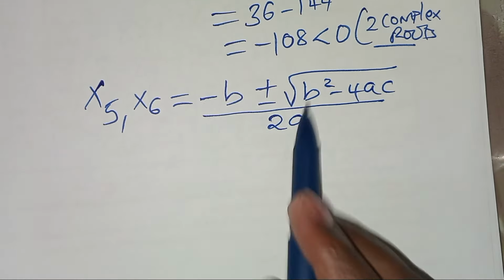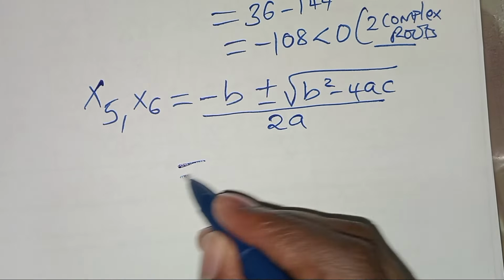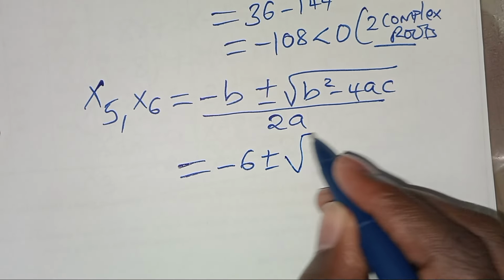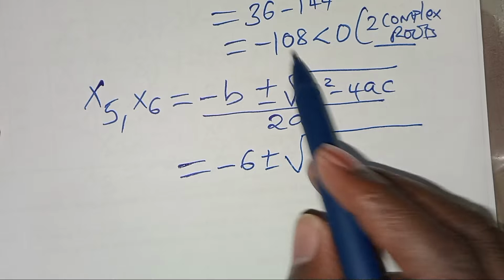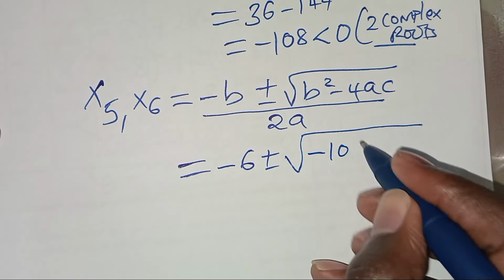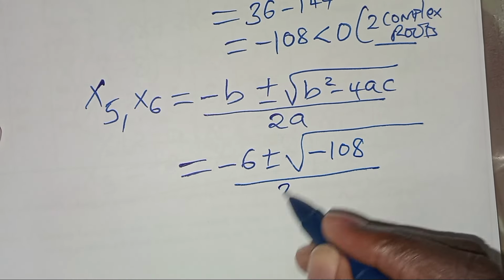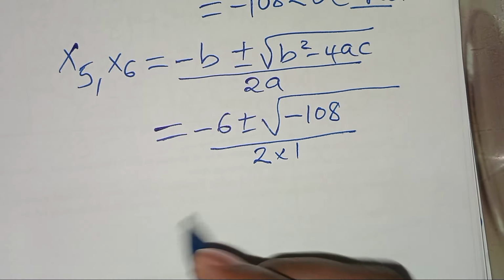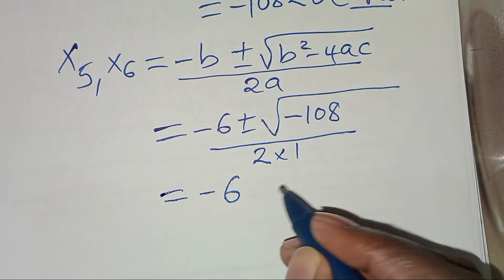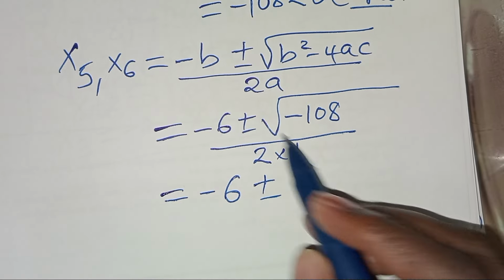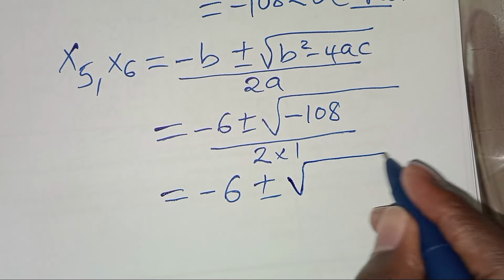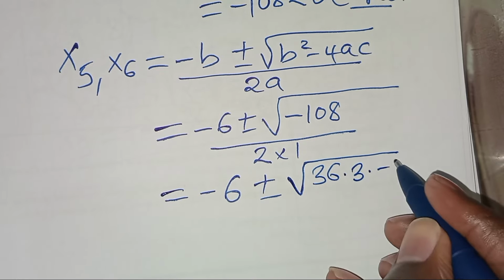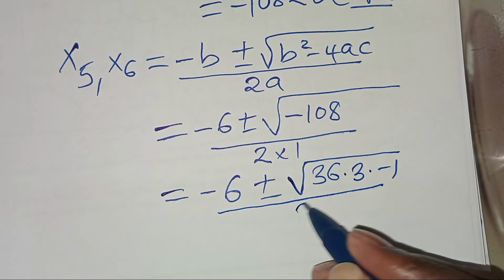So applying this formula, we'll have negative 6 plus or minus the square root of negative 108, divided by 2 times 1. Now this means that here we'll have negative 6 plus or minus the square root of negative 108. This can be expressed as 36 multiplied by 3 multiplied by negative 1, all divided by 2.